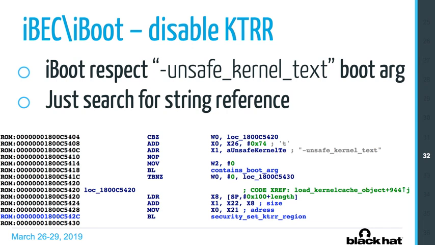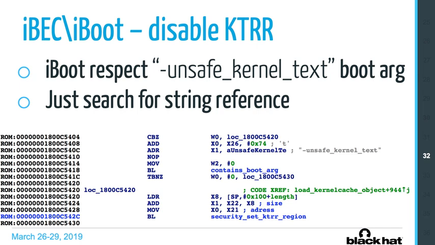The next thing, I think the last one for iBoot, is KTRR, or kernel text read-only region. That is a specific mitigation that Apple introduced in iPhone 7. The idea is that Apple has their own custom memory controller, and Apple sets up the region which the kernel will be mapped on.